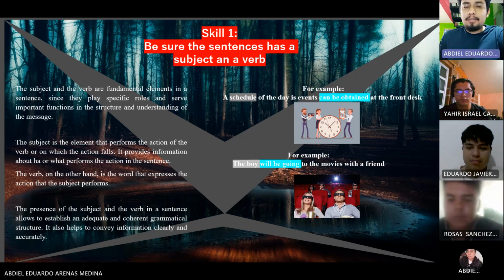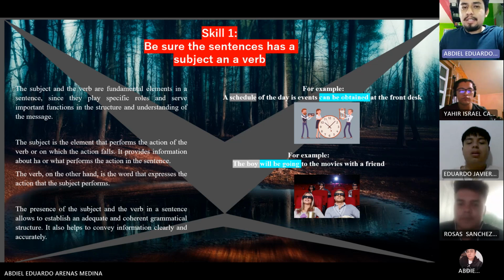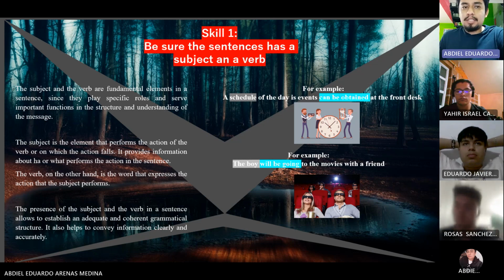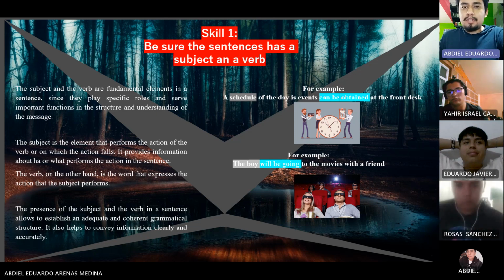Hello, teacher. The number one skill is the subject and the verb. They are the fundamental elements of the sentence, and they play specific roles and several important functions in the instructions and the understanding. The subject is the element that performs the action of the verb, or on which the action falls.